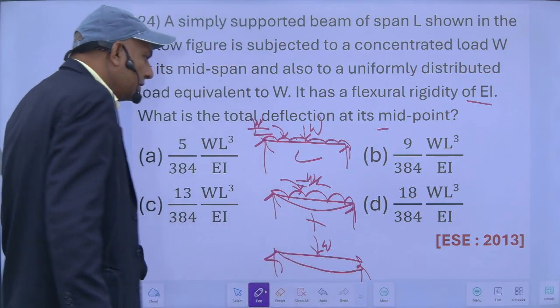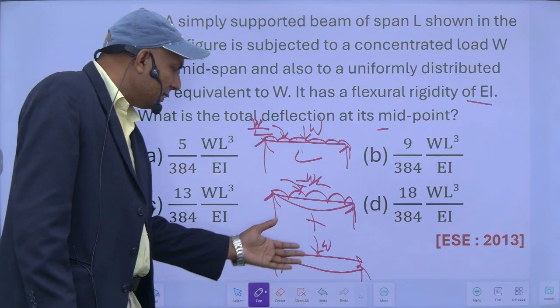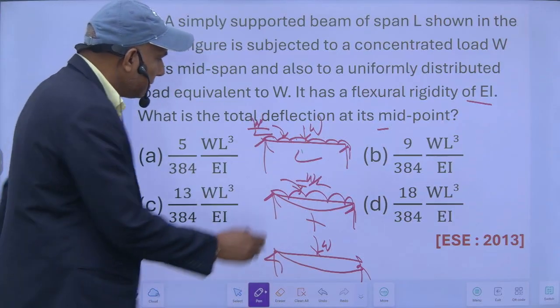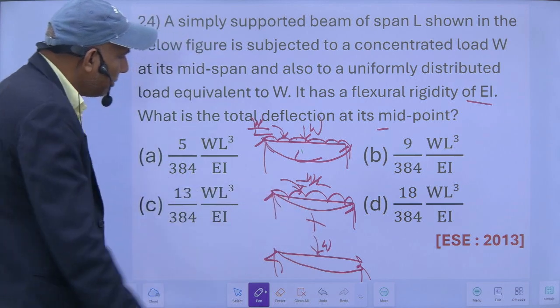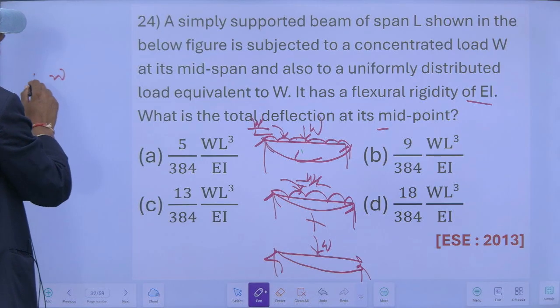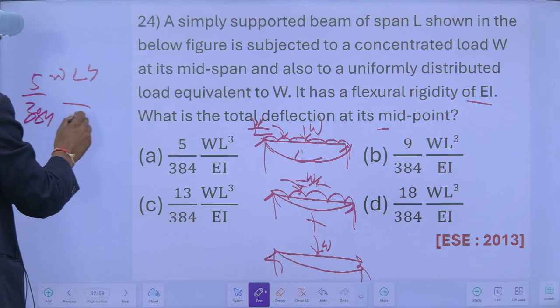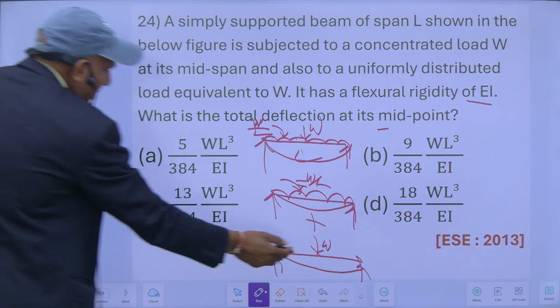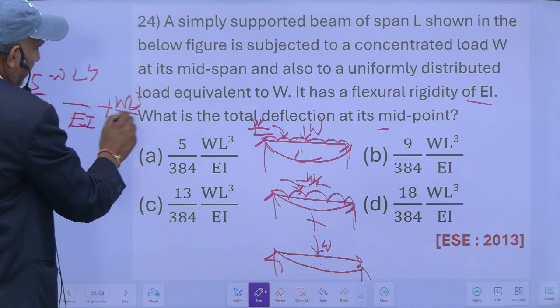So my net deflection because of this concentrated load plus this UDL is equal to this plus this is equal to my total deflection. And this deflection is equal to how much? Formula is 5 upon 384 wL^4 upon EI. This is the formula, plus this is equal to WL^3 upon 48 EI.